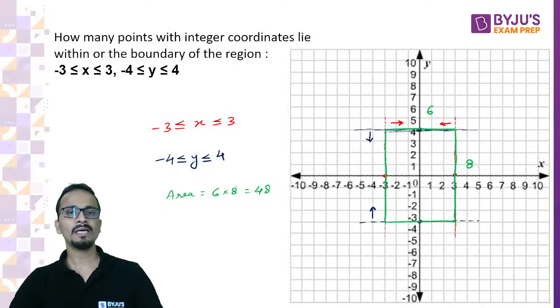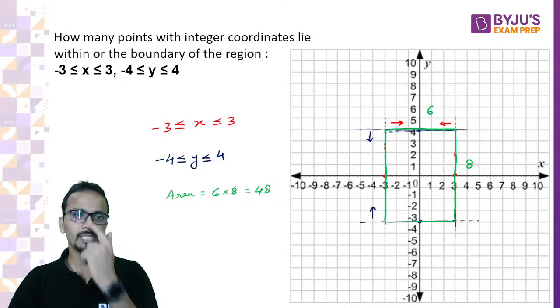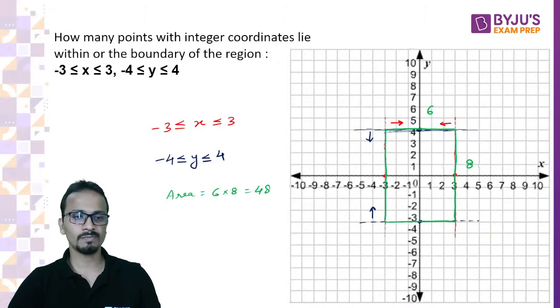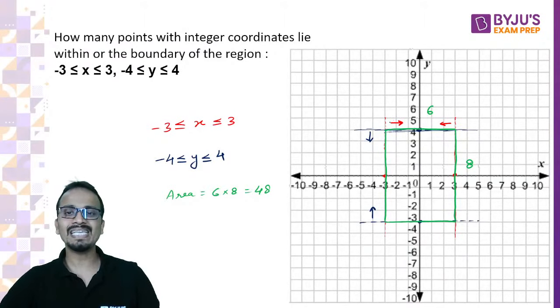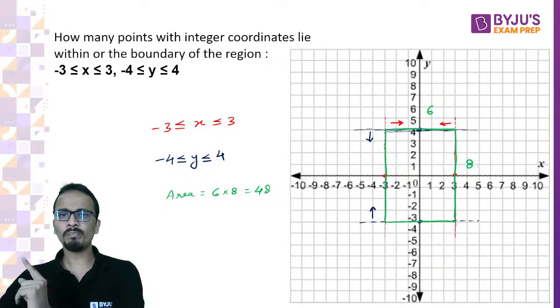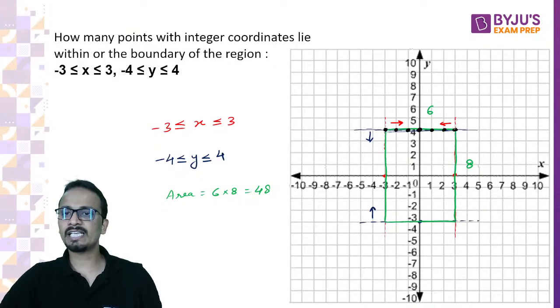All right. Now here they are asking how many points with integer coordinates lie within or on the boundary of this region. So let's mark all these points. If I start from the topmost horizontal line, 1, 2, 3, 4, 5, 6, 7.